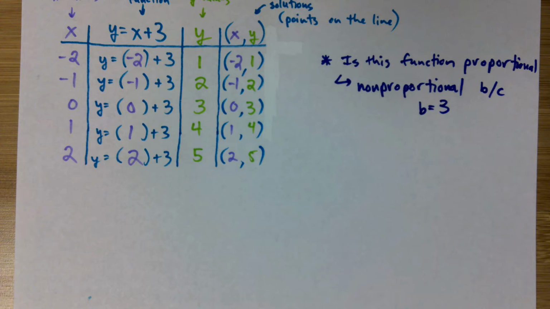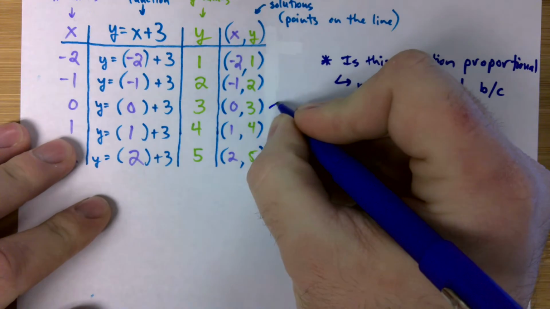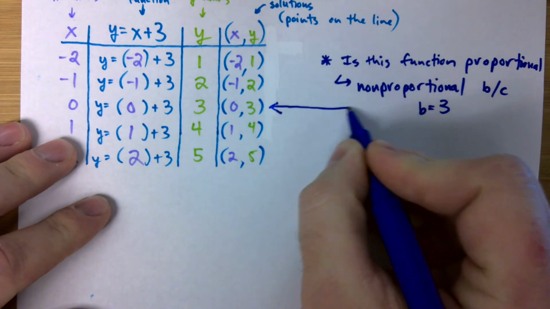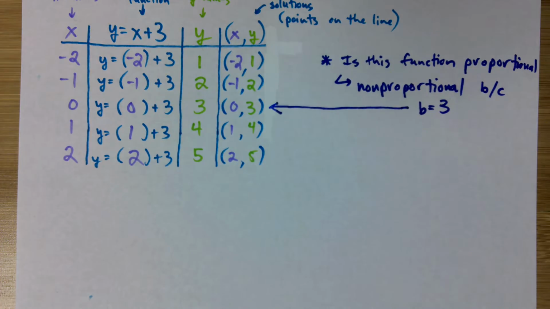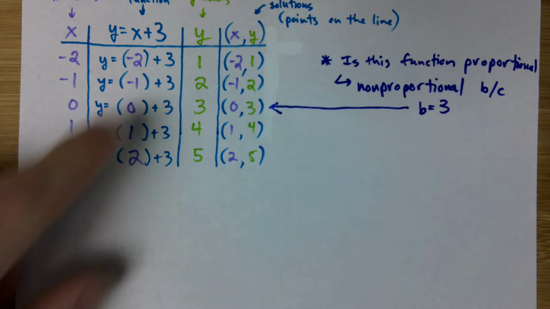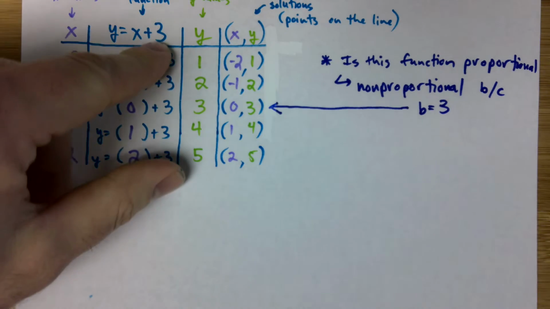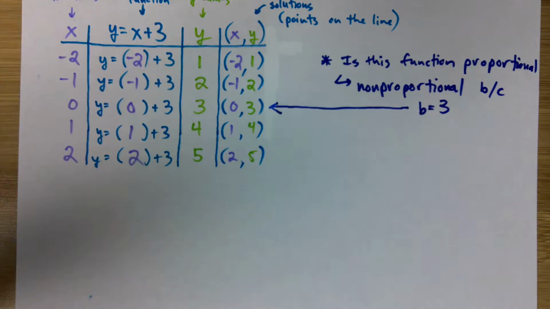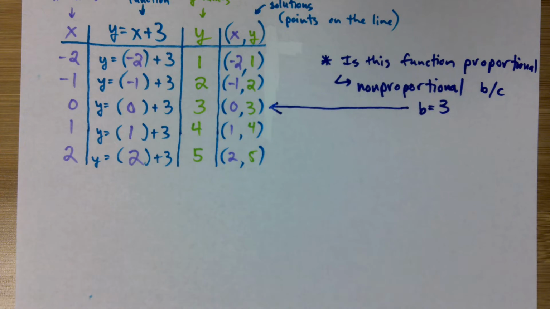So this function we know is non-proportional because we see, hey, look at this. 0, 3, that's our y-intercept. Right? And we can see even in our original function that we have a value for b that is not 0. Therefore, our whole function's non-proportional.